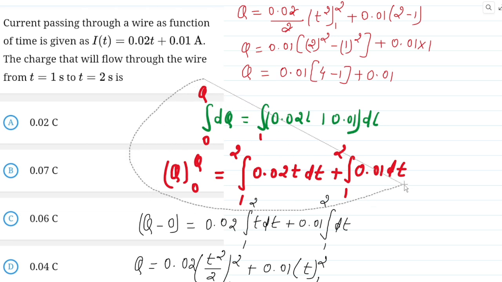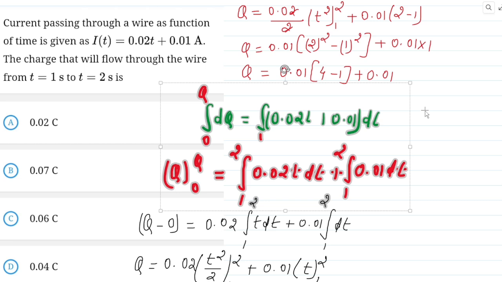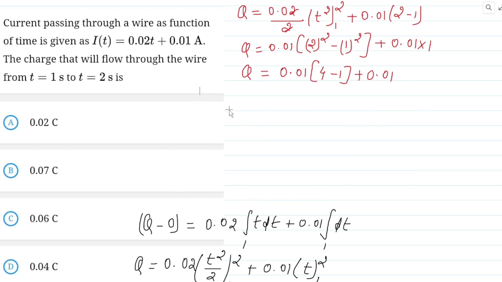So on solving, q is equal to 0.01 into 3 plus 0.01, and on multiplying we get q is equal to 0.03 plus 0.01.